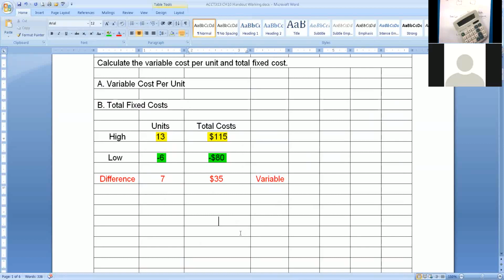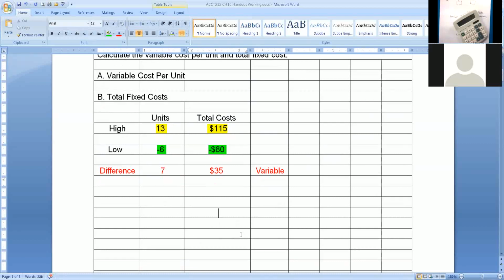Okay, so the question is, what is the variable cost per unit? We made $5. Yes.